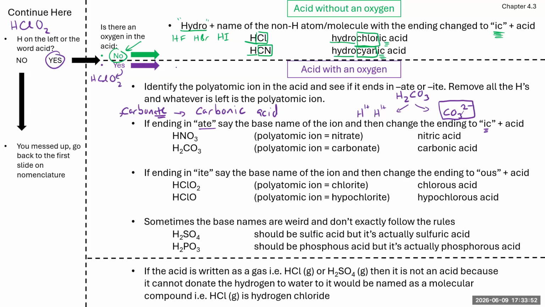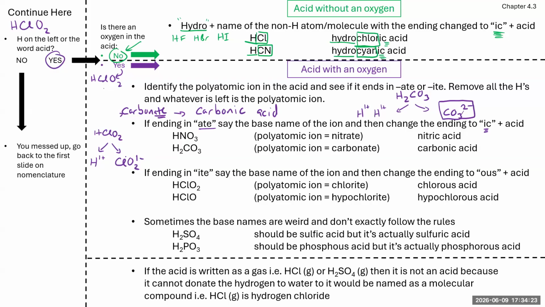And since there's an oxygen, all right, let's separate these two. HClO2. We're going to break apart the H. We know each H is 1 plus. And we have a ClO2 polyatomic ion. Since there's a 1 plus, we have to have a 1 minus.